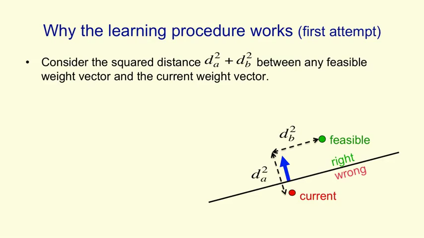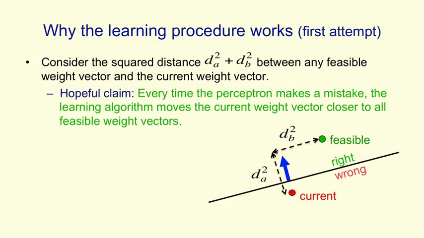We can represent the squared distance of the current weight vector from a feasible weight vector as the sum of a squared distance along the line of the input vector that defines the training case and another squared distance orthogonal to that line. The orthogonal squared distance won't change, and the squared distance along the line of the input vector will get smaller.